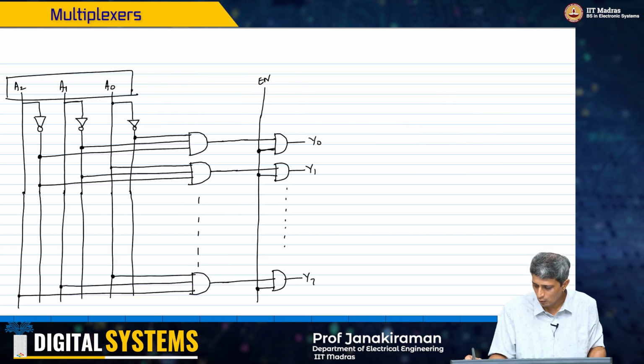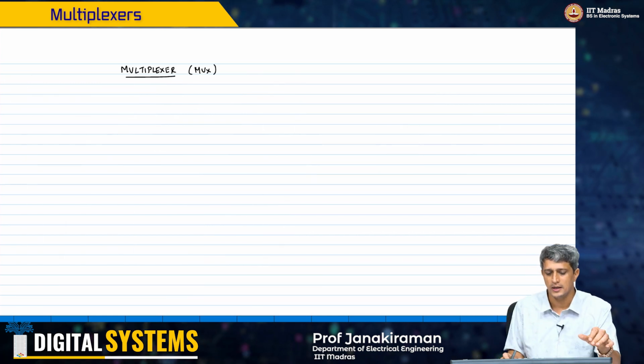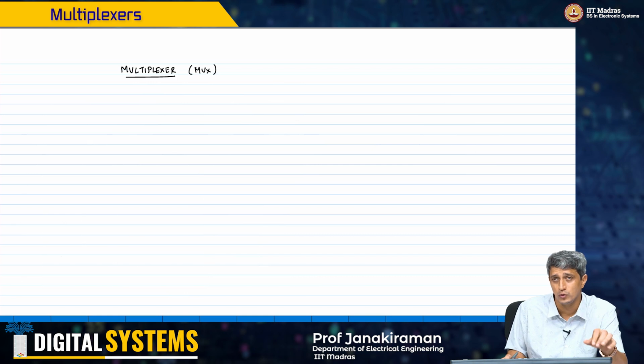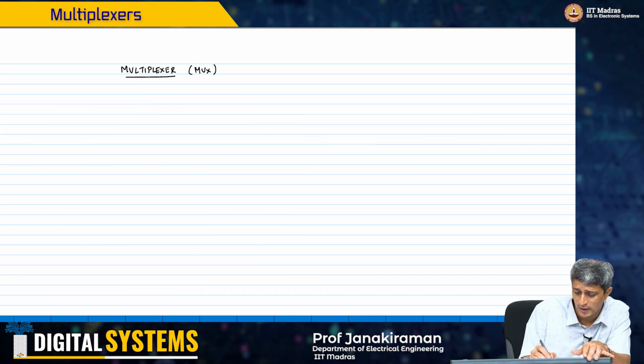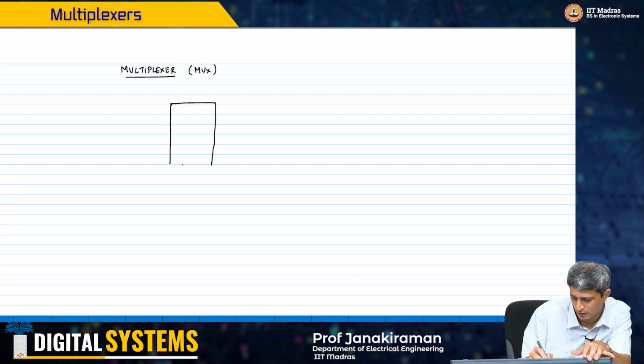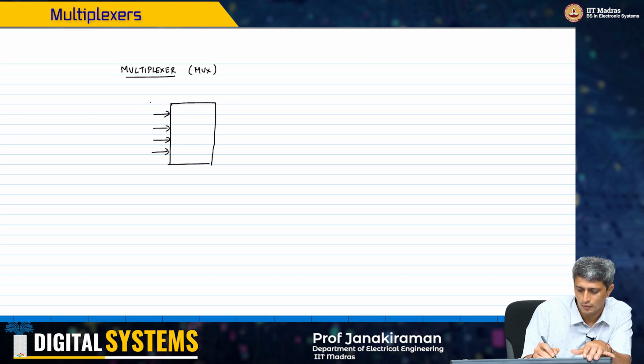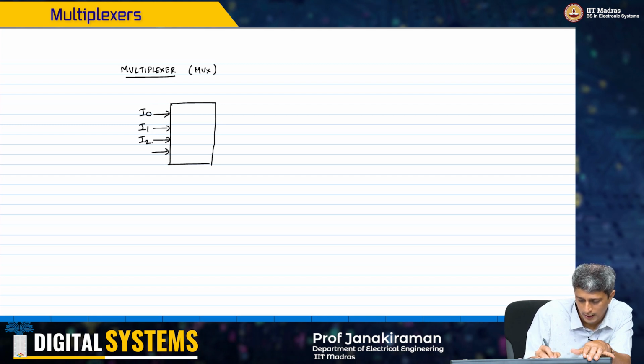Now the next circuit that is very commonly used and very useful is the multiplexer. Now what is the multiplexer? Again, let's look at it from the black box perspective. Here I have, let's say, 4 inputs: I0, I1, I2, I3.